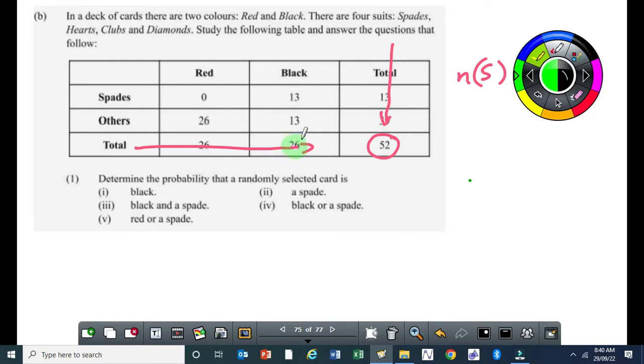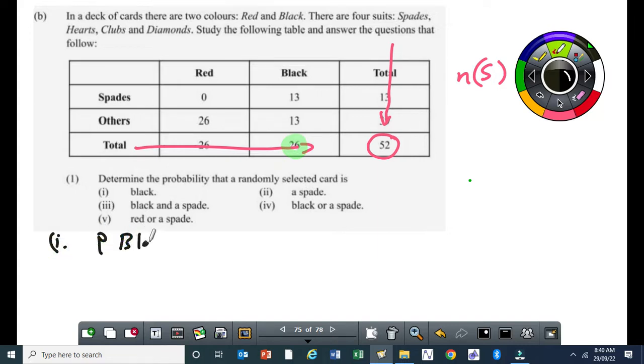That's the total of all the black cards. To calculate that probability, it's very straightforward. So, one: P(black) is going to be 26 over 52, which is a half. We just write it in simplest form.